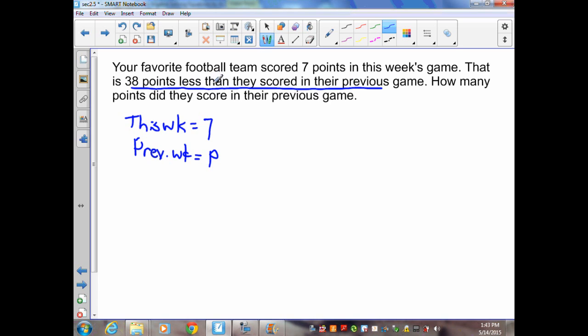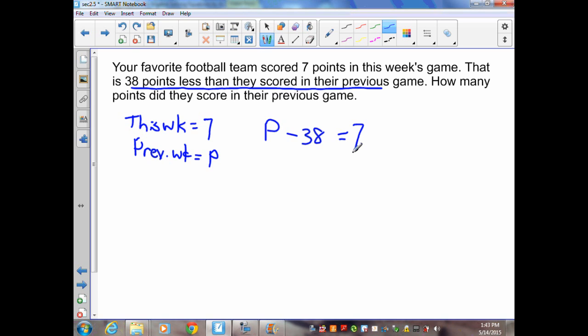With the than, it tells me to flip it, and 38 goes to the end. And the previous game points have to go first. So that would be P minus 38, and that would equal the number of points we scored this week, which is 7. Now what I can do is solve this problem.